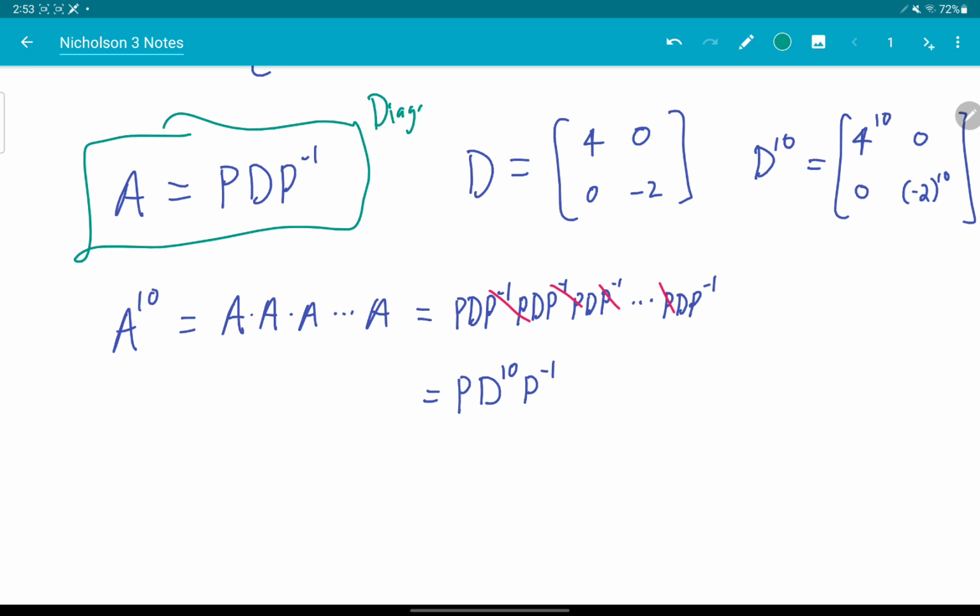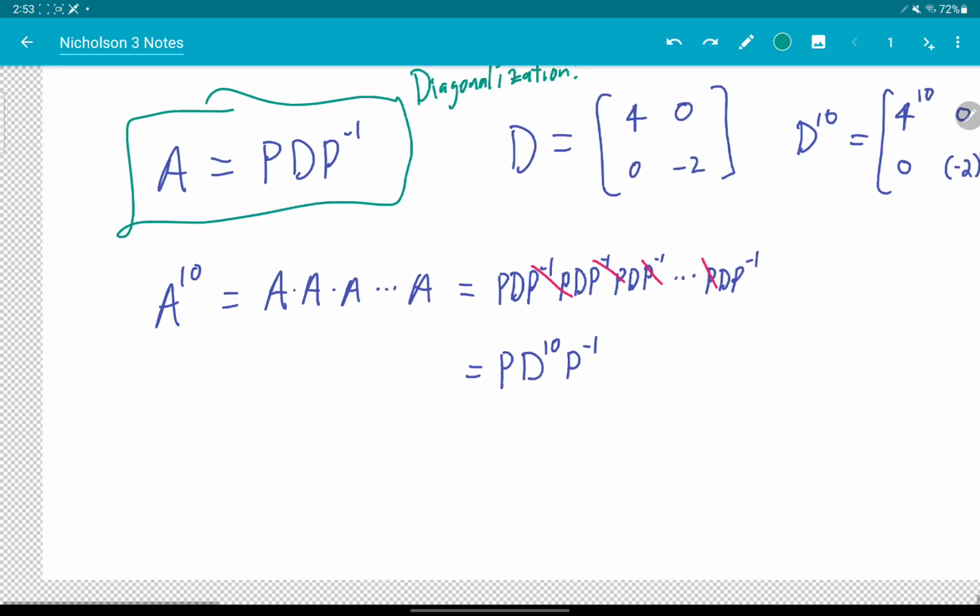We are going to try to factor a square matrix like this, and in many applications it'll be very useful, especially when you're doing powers of matrices. Okay, I hope you agree that this calculation is much easier than doing it directly.